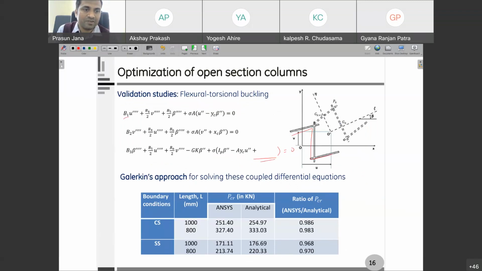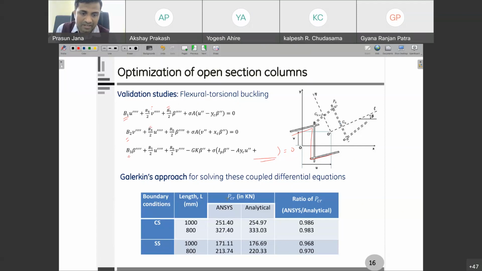But the point is you have certain B1, B4, and these are actually not constant coefficients. They are actually functions of these parameters, and they are very complicated functions. So though I have an analytical solution, it may not be tractable to use them in an optimization scheme. So that's why again we can use the FEM approach.